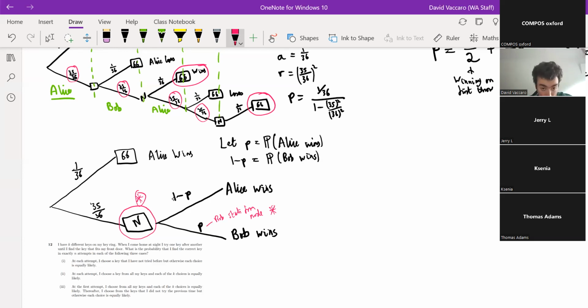From that node, node star, Bob is starting.